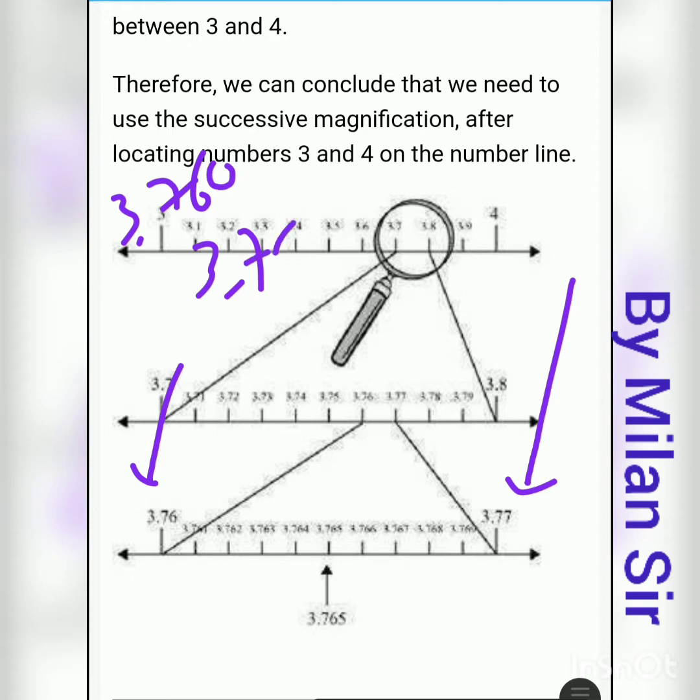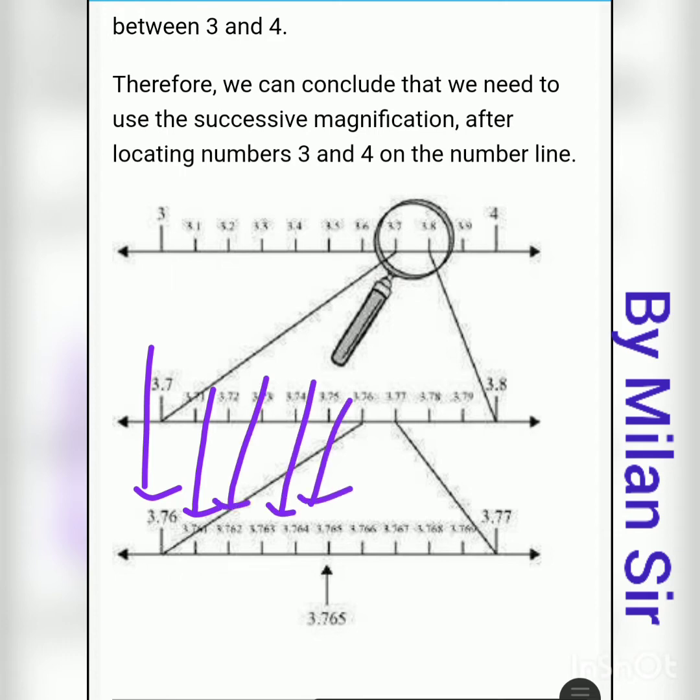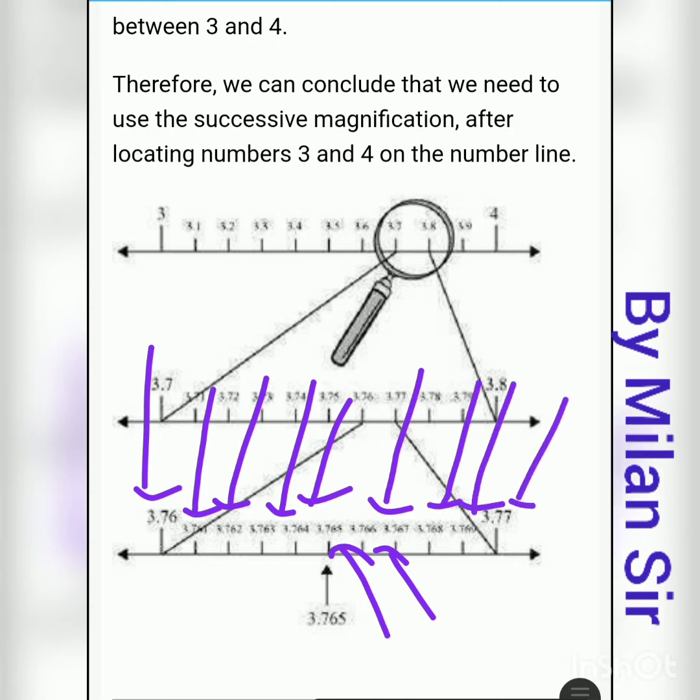After that 3.761, 3.762, 3.763, 3.764, 3.765, 3.766, 3.767, 3.768, 3.769 and 3.77.